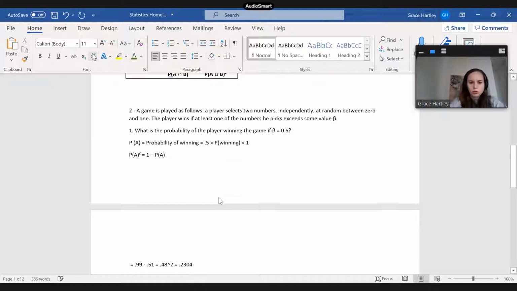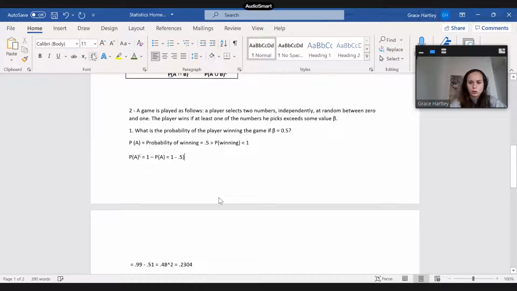Yeah, it's always true. Then would it be 1 minus 0.5? But then there's some squared element to that, just twice.